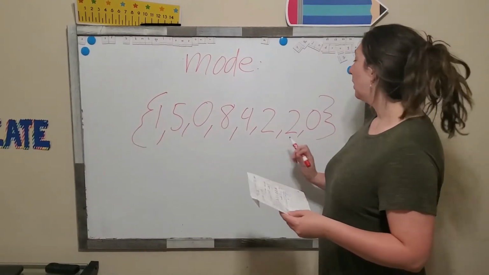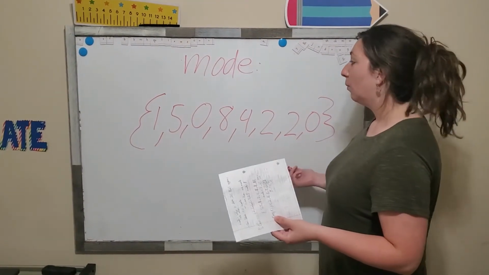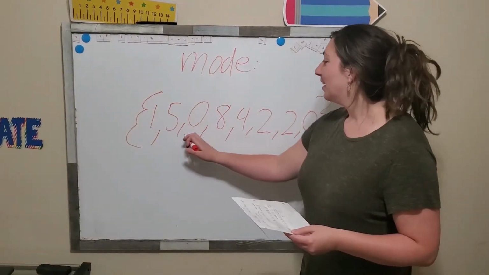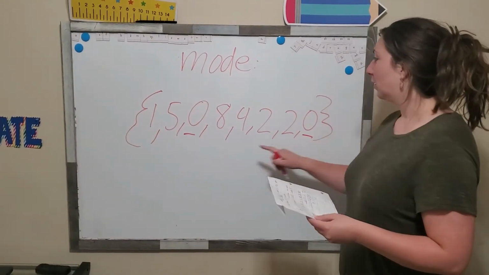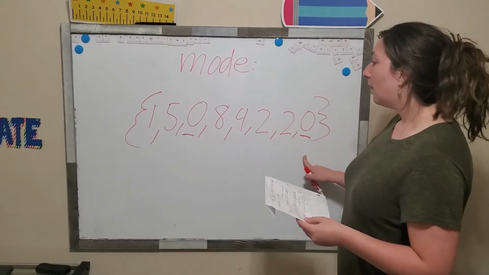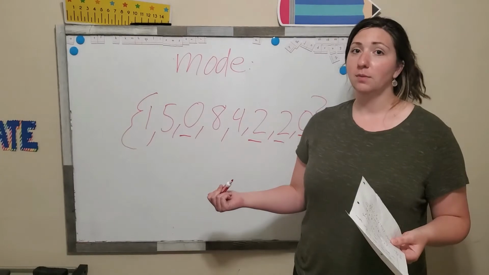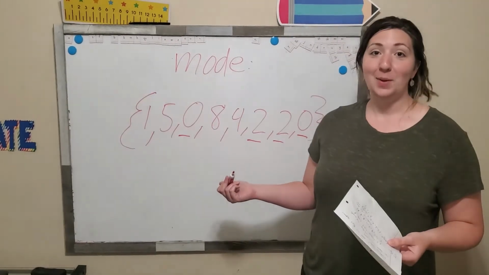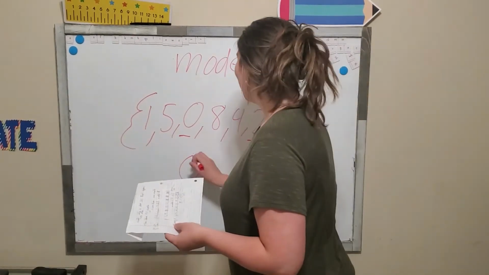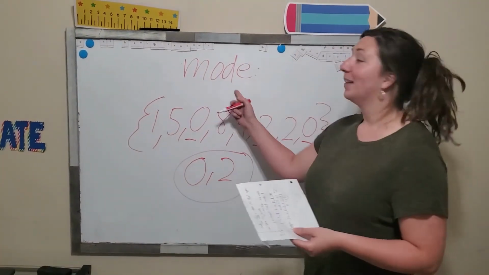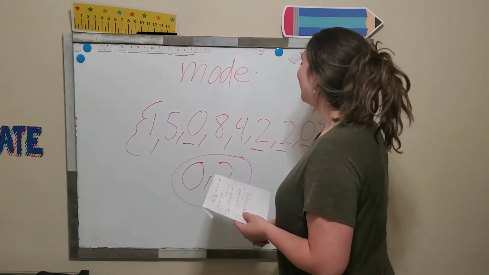Whoa, looky here, we have more than one number that occurs the most. So we have 0 that occurs 2 times, and then we have 2 that occurs 2 times. So what do we do? We're gonna have 2 answers. So 0 and 2 are both the mode, okay?